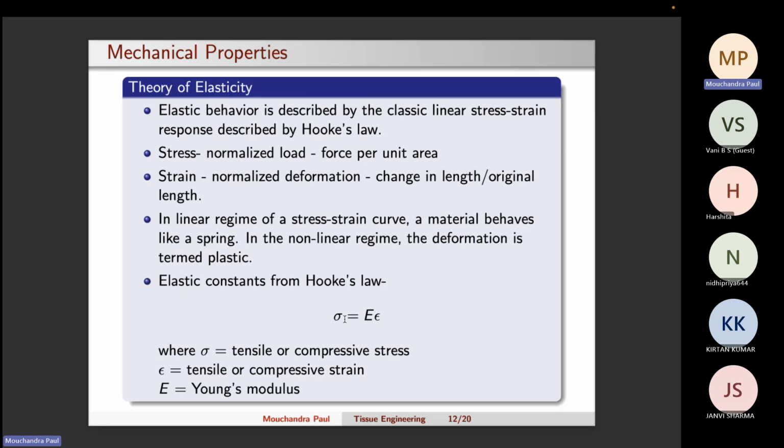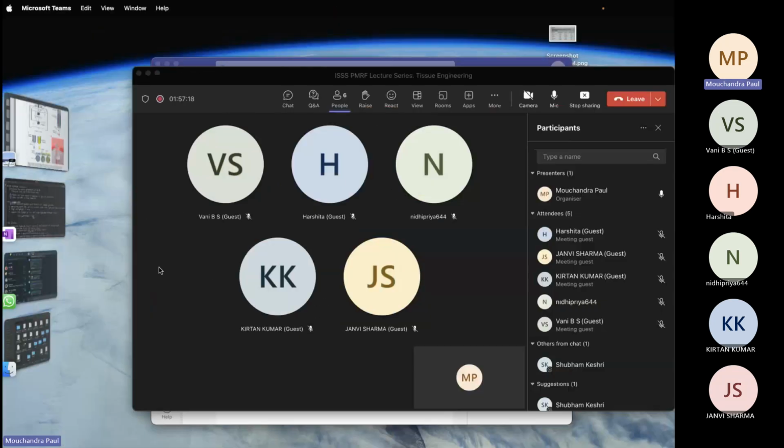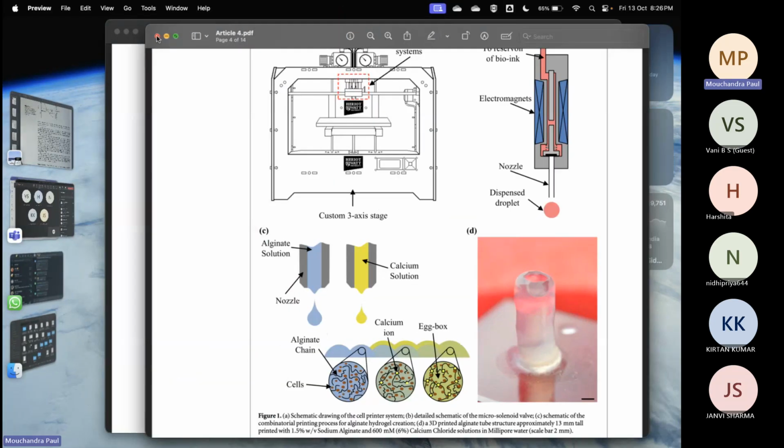So you can apply tensile forces, then you will get tensile stress and tensile strain, or you can give compressive forces, then you will get compressive stress and compressive strain. Okay. Now, another way of applying force is by shear. So, what is shear, or how does shear force look like? Let me show you an image.